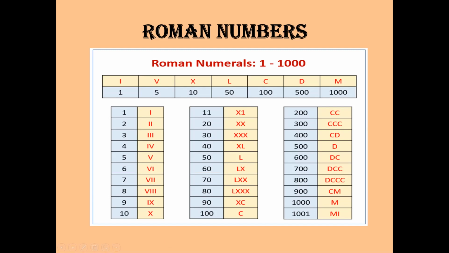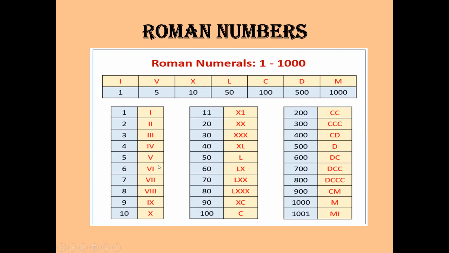So if you put I on the left side, it means you will subtract 1 from 5. If you subtract 1 from 5, the answer will be 4. So if we write IV, V is 5, and I is on the left side, so we subtract 1 from 5. So it will be 4.